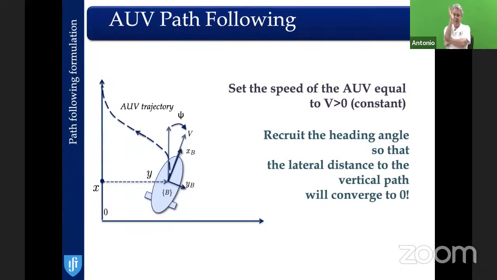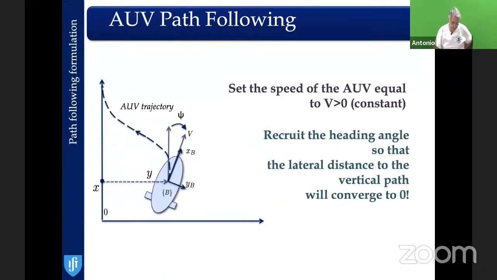And now choose the angle as a function of time so that the center of mass converges to the path, which means that what you have to do is to make the lateral distance that I called y converge to 0. If you make the lateral distance converge to 0, then the center of mass converges to the path, and you keep going nicely along the path.